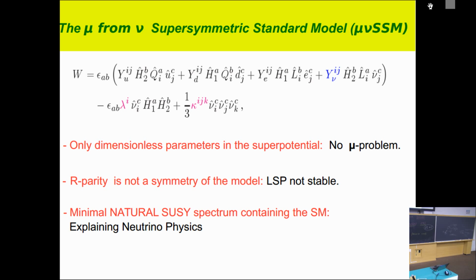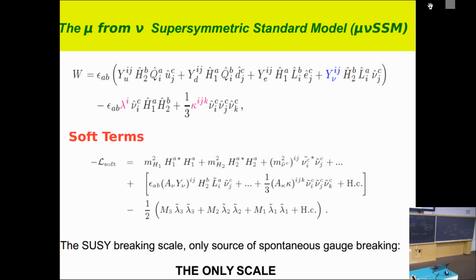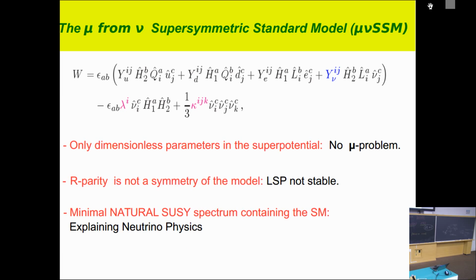And since you want the simplest model, you don't want a mu problem there, so the only scale is going to be the soft terms, the only scale you have. With this idea, this is the superpotential, the simple one, that is in principle going to reproduce the whole phenomenology. Then you have only dimensionless parameters in the superpotential.